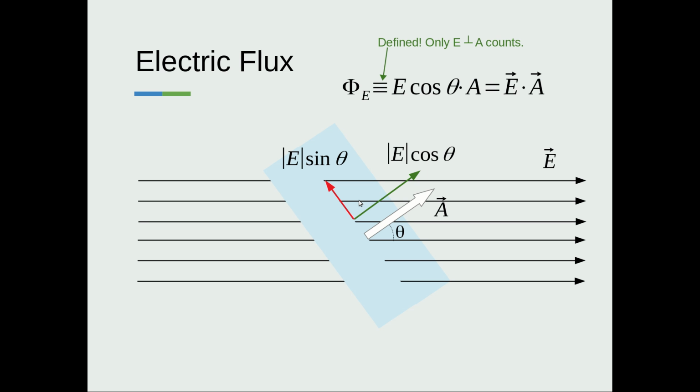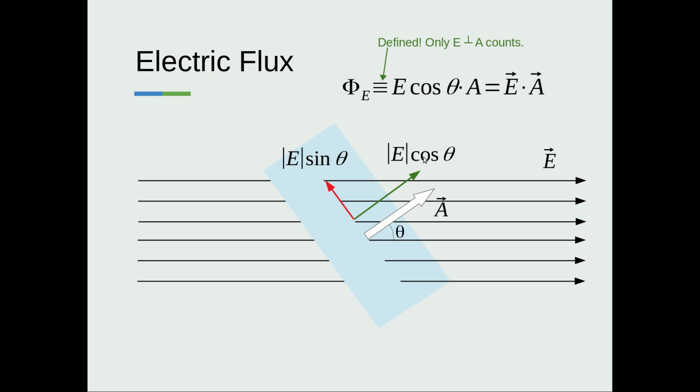So if you have a situation like this, you have to decompose your electric field into two components. One component passes through your boundary vertically, and the other component, which is parallel to your surface, is just flowing away. It's not passing through. The component passing through vertically is the electric field times cosine theta.